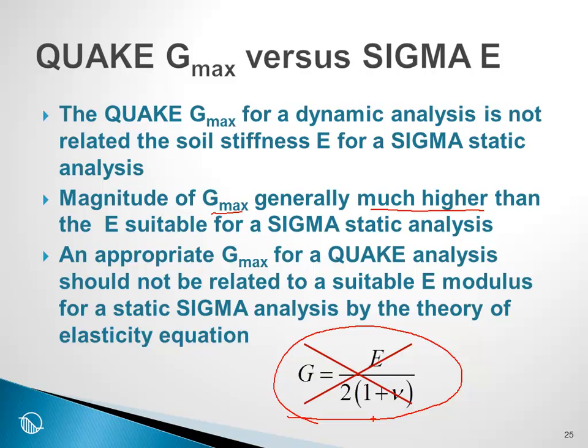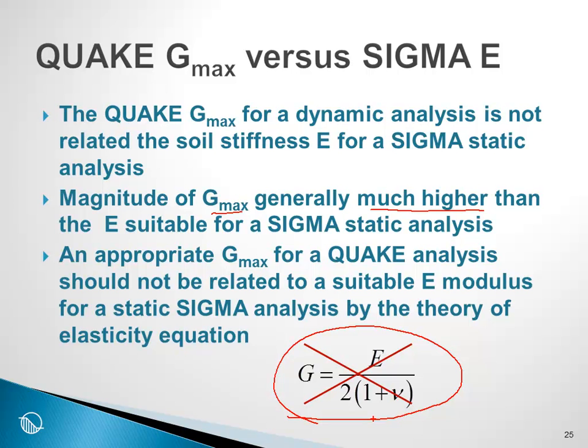Very simply or briefly, the Young's modulus for a static analysis is a lower value as opposed to the shear modulus for a dynamic analysis, which is a small strain value and tends to be much, much higher than the value that we would use in a SIGMA/W analysis.